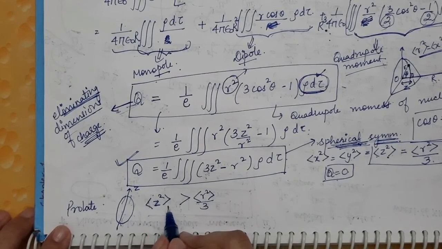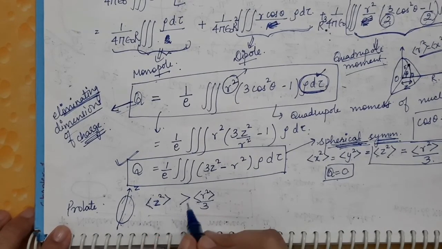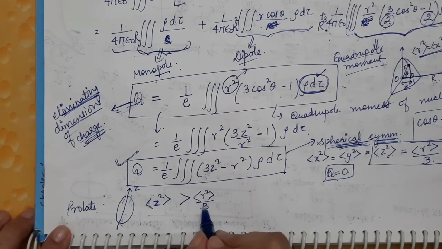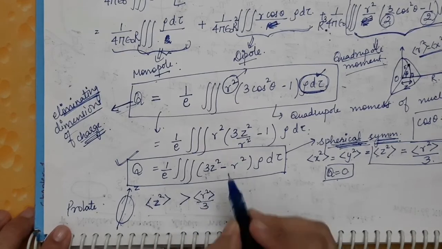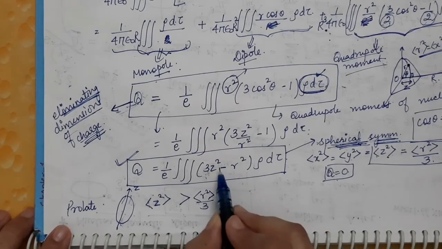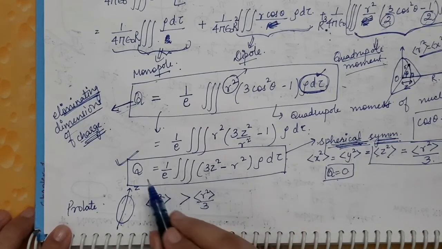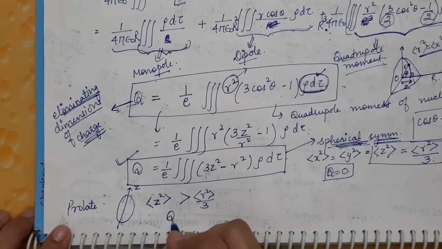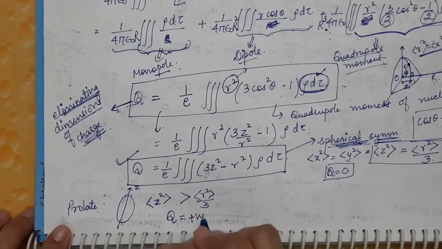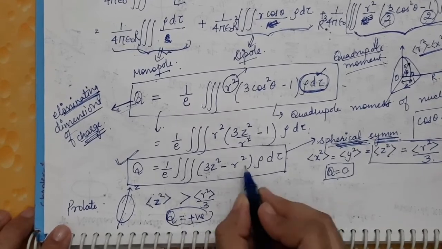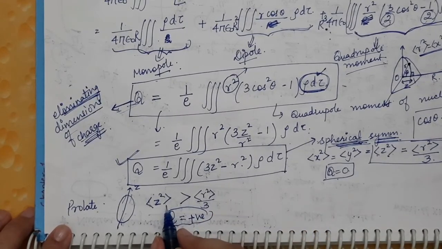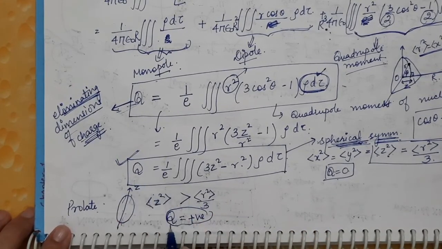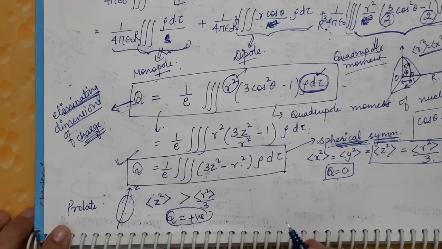So the average value of z square will be greater than r square divided by 3, and in this case the quadrupole moment will come out to be positive. If you put this value in the expression, you will see that the quadrupole moment Q comes out to be positive.